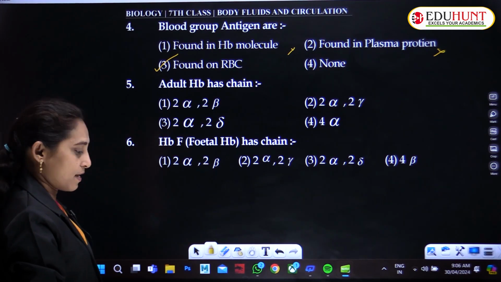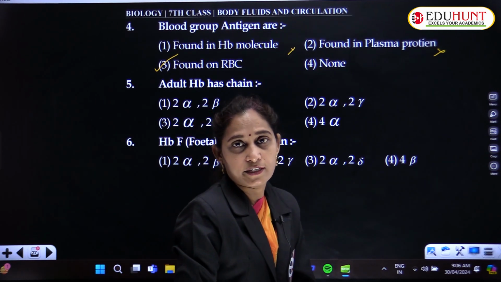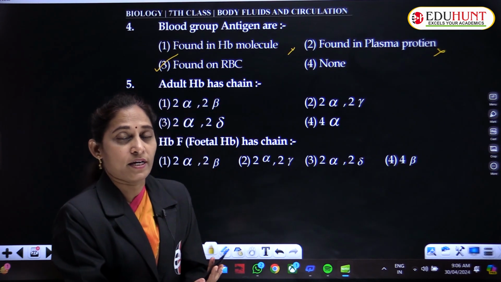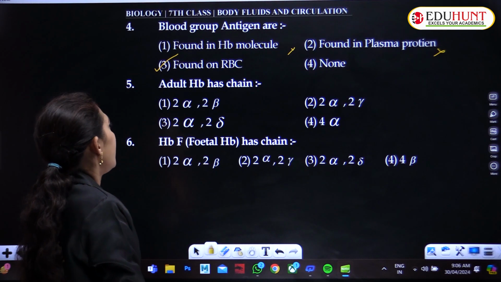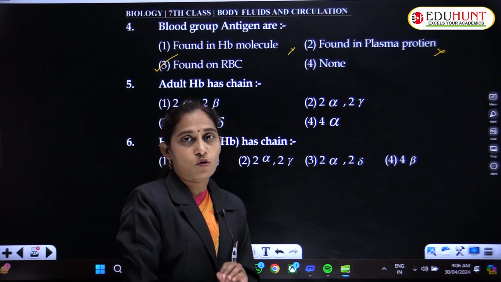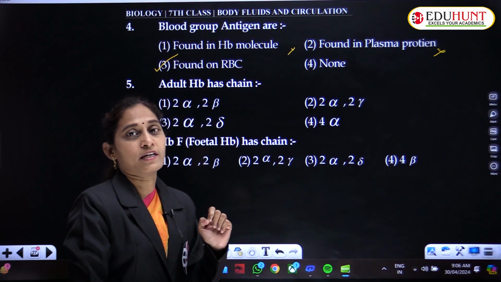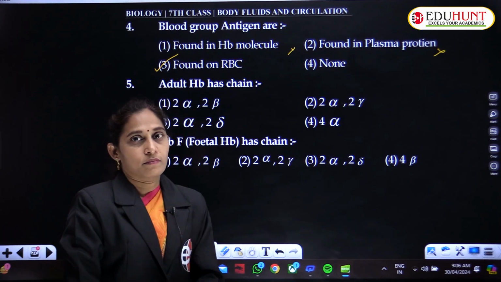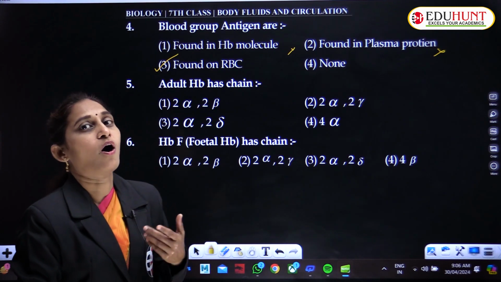Adult HB has, we have already discussed that there are different HBs, hemoglobins. Adult type 1 and 2 and fetal HB. Adult HB has 2 alpha chains, which are common in every hemoglobin. The differentiating polypeptide chains are the second type, whether they are beta or gamma or delta.